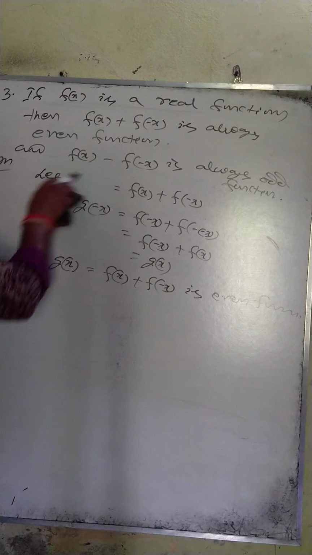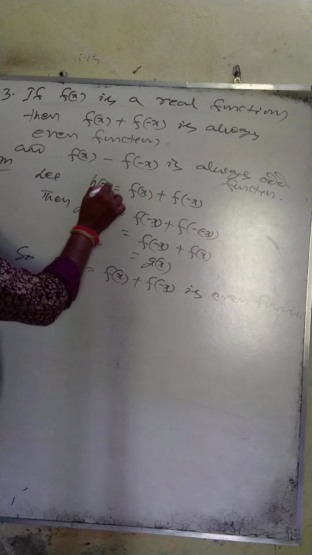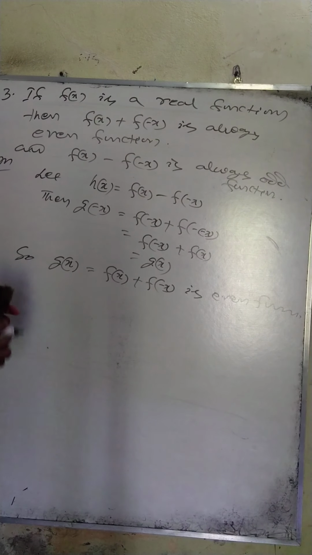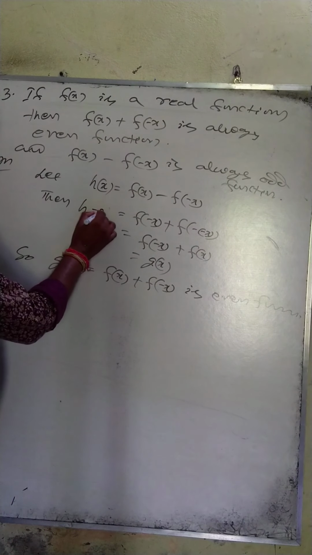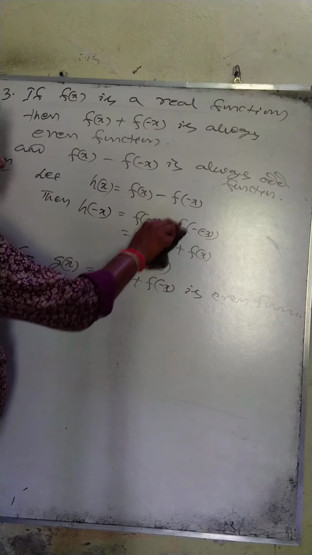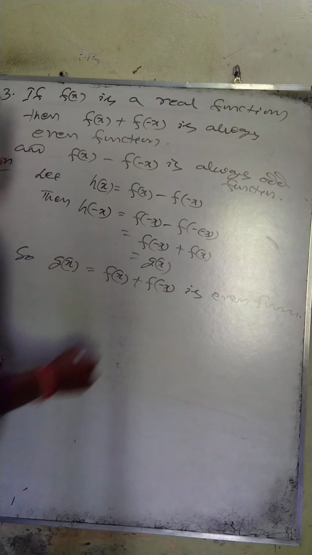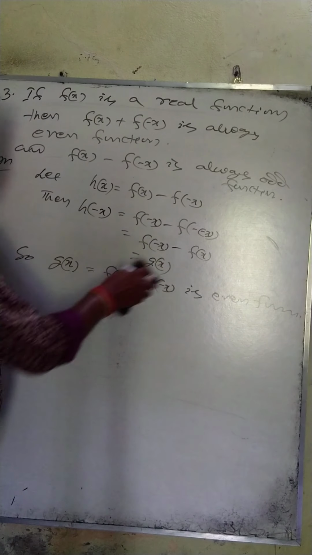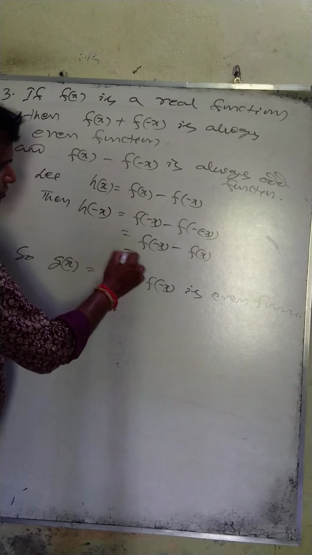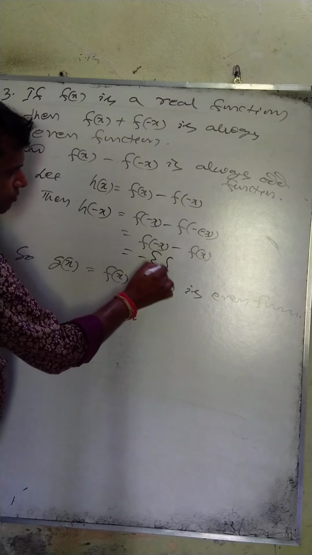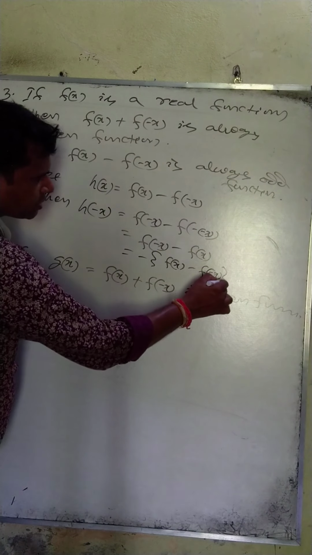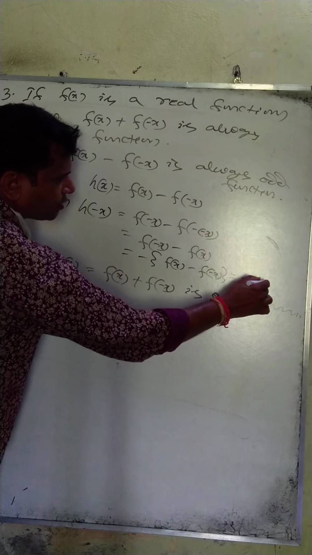Same, let h of x is equal to f of x minus f of minus x. H of minus x is f of minus x minus f of x, that equal to minus of f of x minus f of minus x, minus h of x.